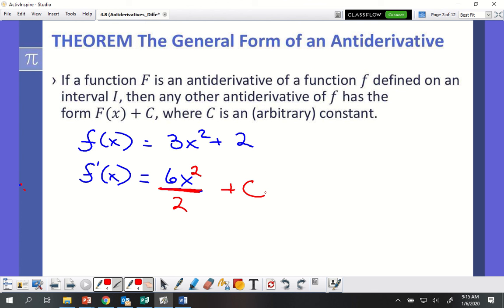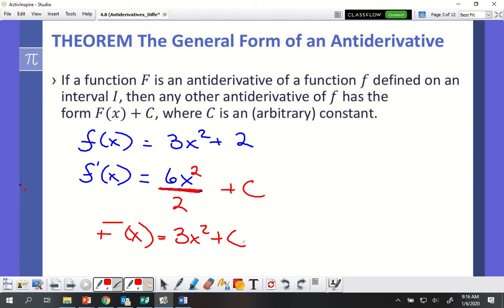That's where we get that from. So if I did this, it comes back to f of x, giving me 3x squared, plus c. Do not forget the plus c. That is always there for my antiderivatives. Antiderivative is also known as integration.